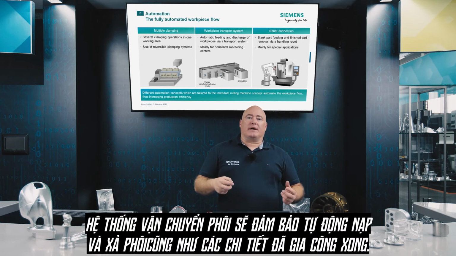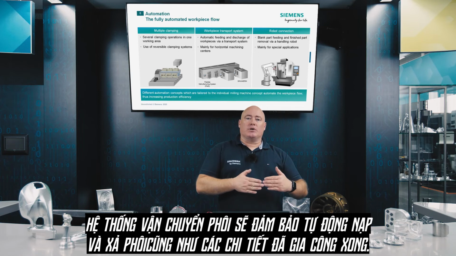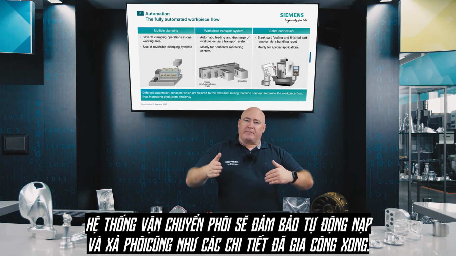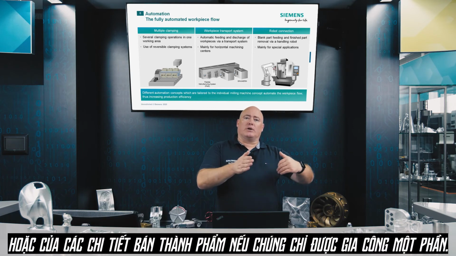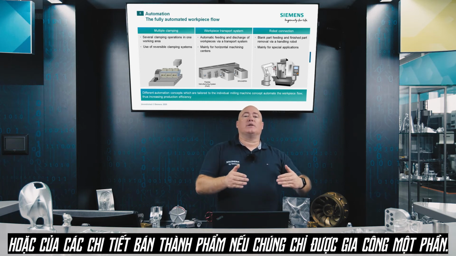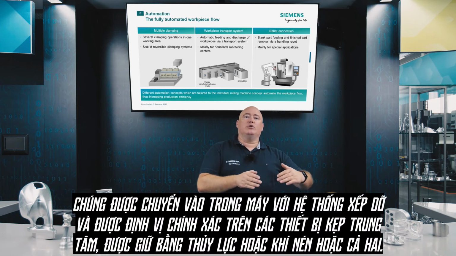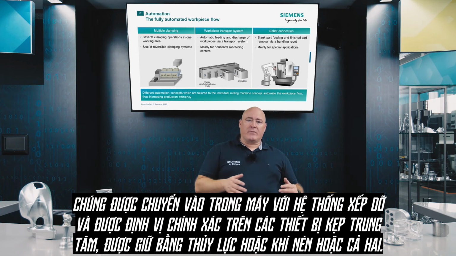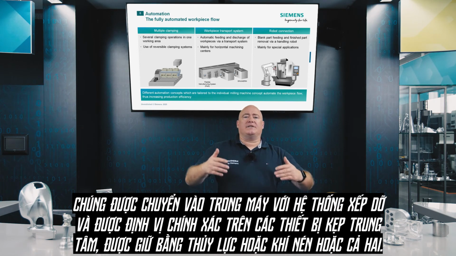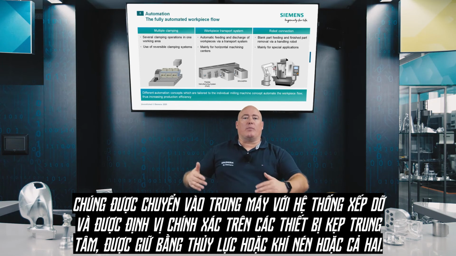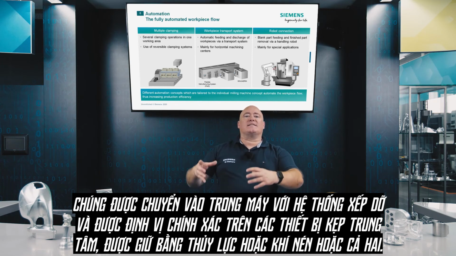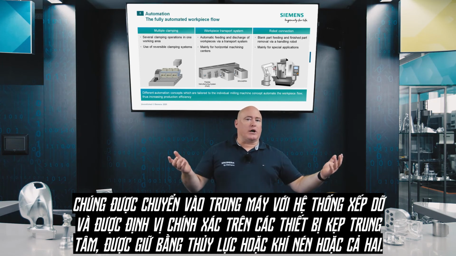Workpiece conveying systems ensure automatic feed in and feed out of blanks and finished parts, or also of semi-finished parts if they're only partly machined. These are moved into the machine area with palletizing systems and positioned precisely on central clamping devices, which are closed either hydraulically or pneumatically, or both.